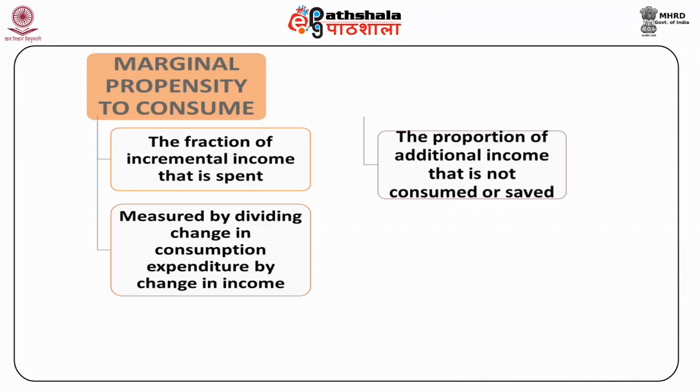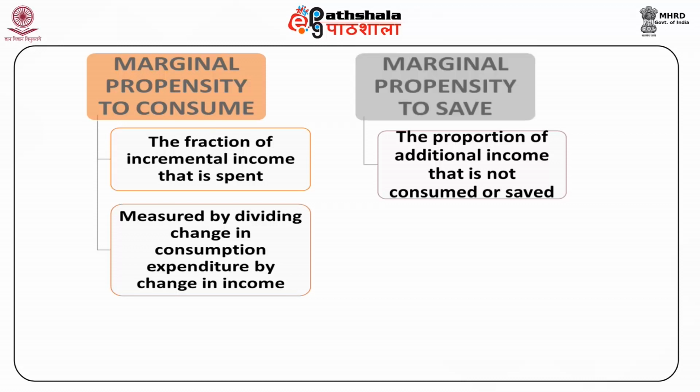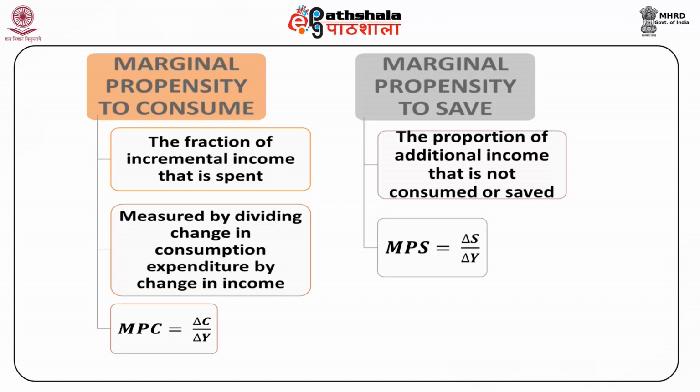Similarly, the proportion of additional income that is not consumed or saved is referred to as marginal propensity to save, or MPS. Symbolically, MPC = ΔC/ΔY. MPS = ΔS/ΔY.